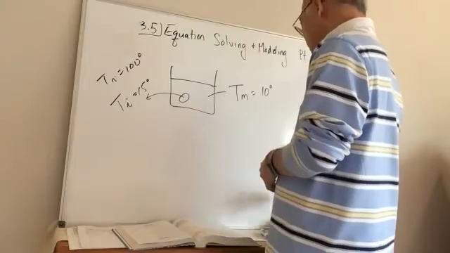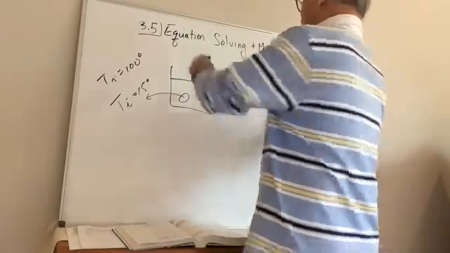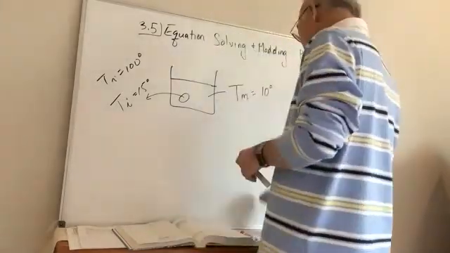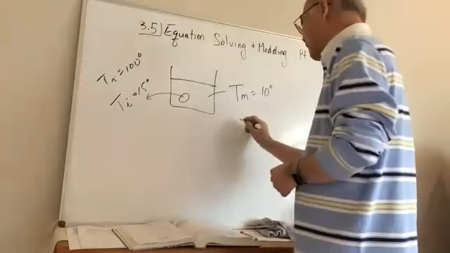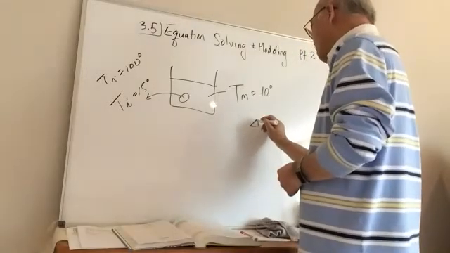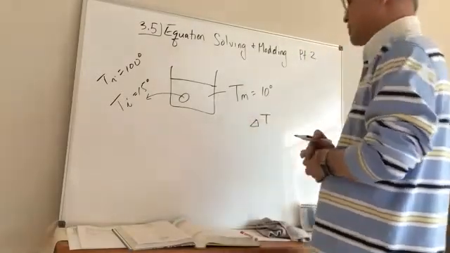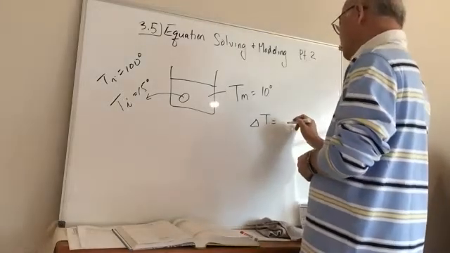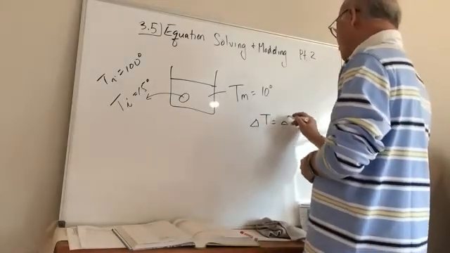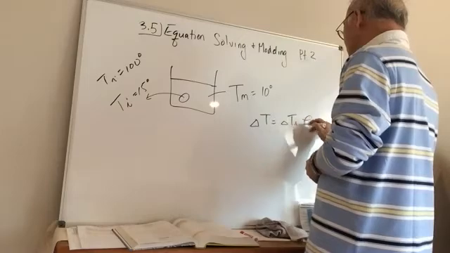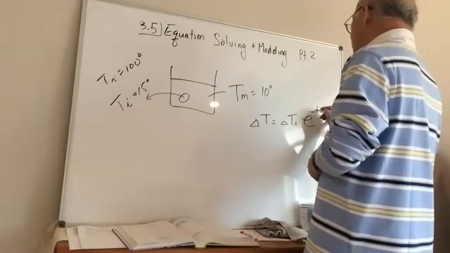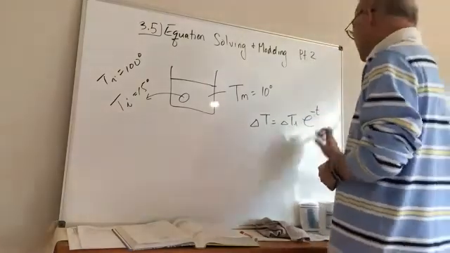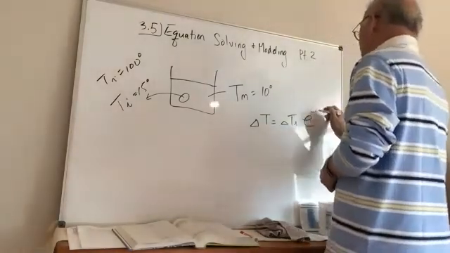Okay. So if you look at it that way, Newton came up with an equation that stated the temperature difference is going to be equal to the initial temperature difference times e to the some kind of at.